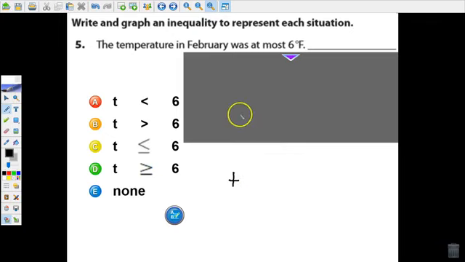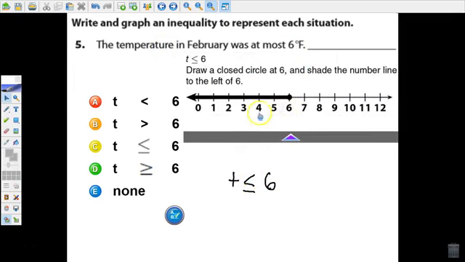And then at most, if you remember the word phrases, is less than or equal to 6. Okay? So we look at the sign. It should be a closed dot on 6 going to the left. Because T is less than or equal to 6.